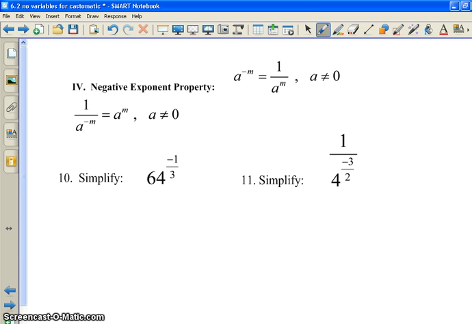When dealing with negative exponents, we want to make them positive. So we're going to take and go 1 over 64 to the positive 1/3. And then we want to just go ahead and change it from exponential to radical form. So 1 over the cubed root of 64, which is 1/4.